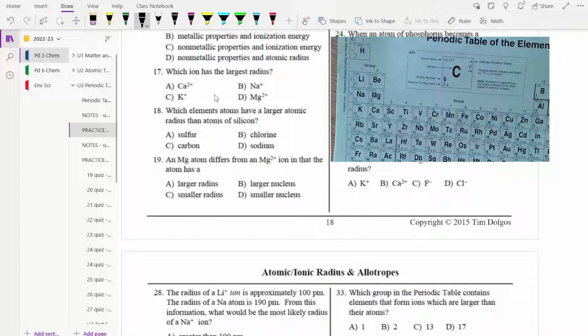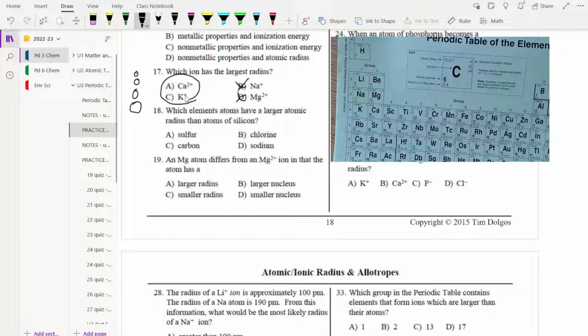First of all, it can't be these, because calcium and potassium are larger. We know that atomic radii get bigger as you go down. So if that's the trend, then it has to be from period 4.